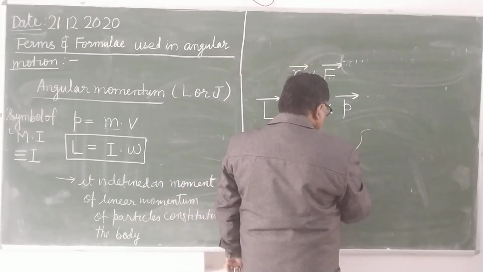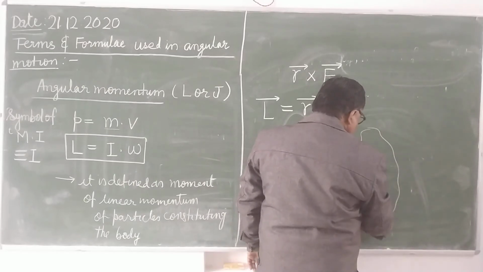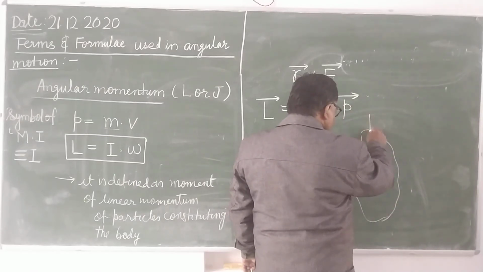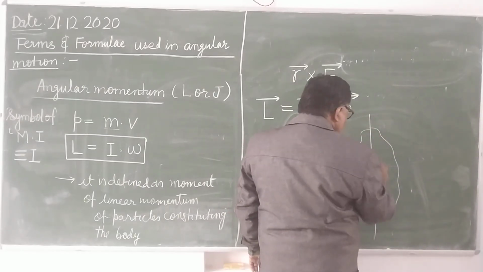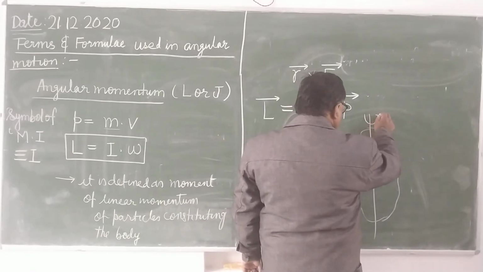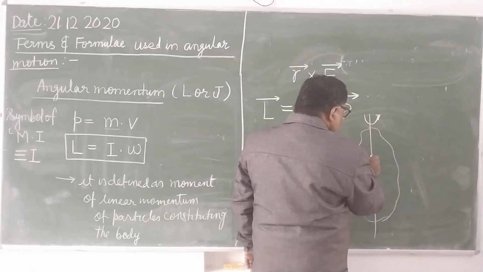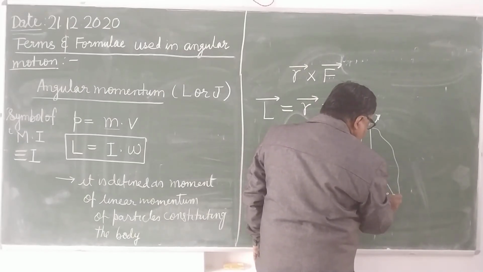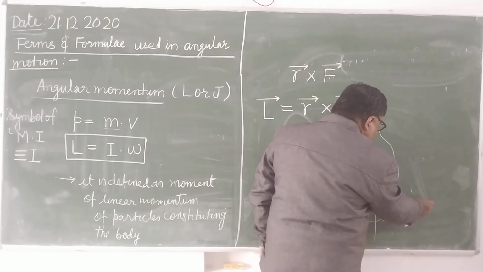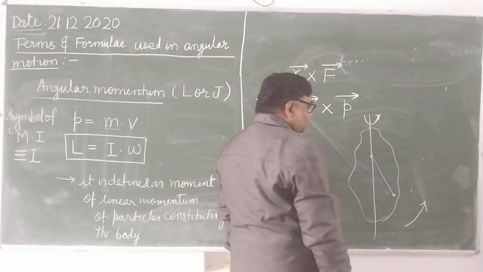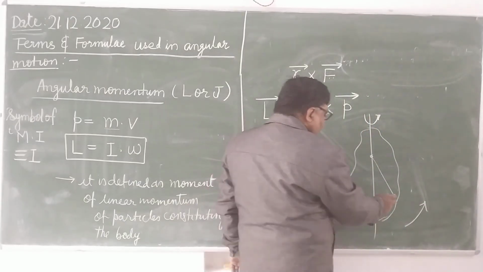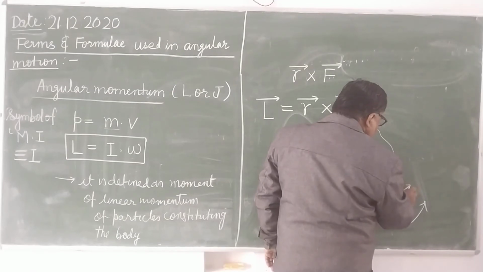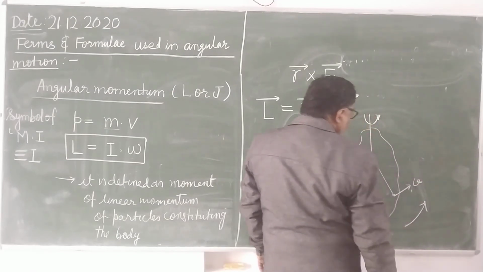Now suppose here we have taken this body whose axis of rotation is this, and suppose this is a particle going in this direction. So it will have the velocity in this direction. Suppose the velocity is this.